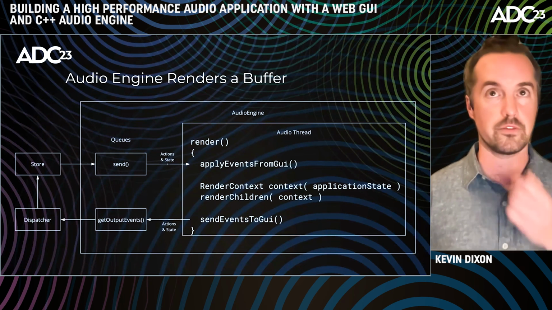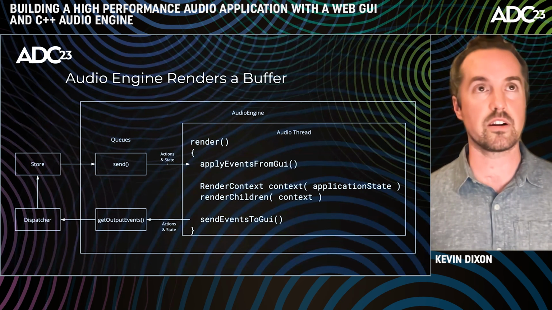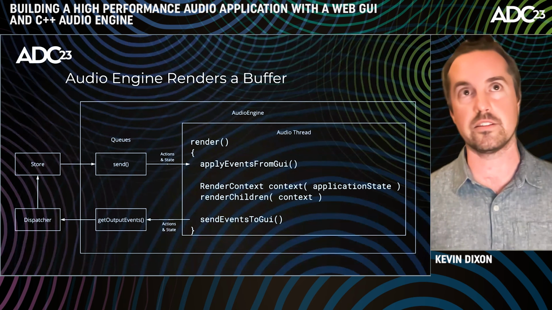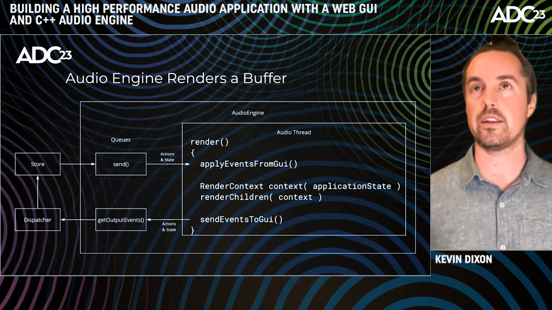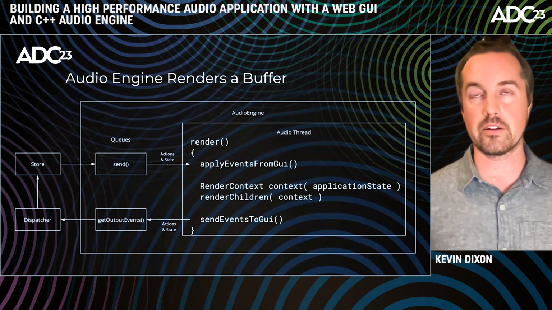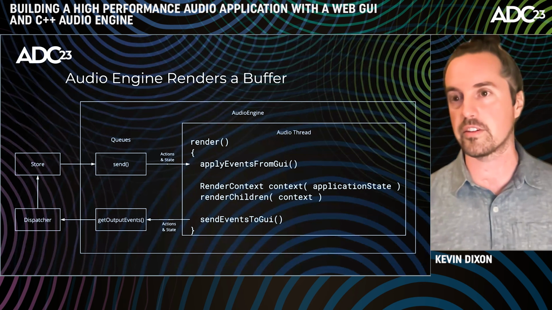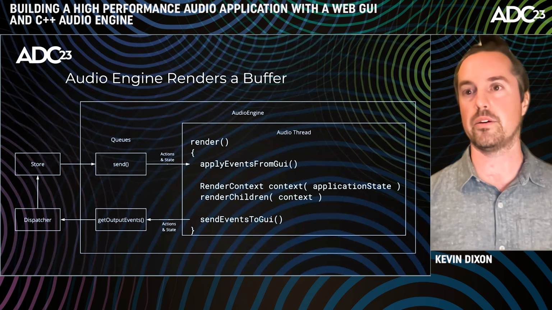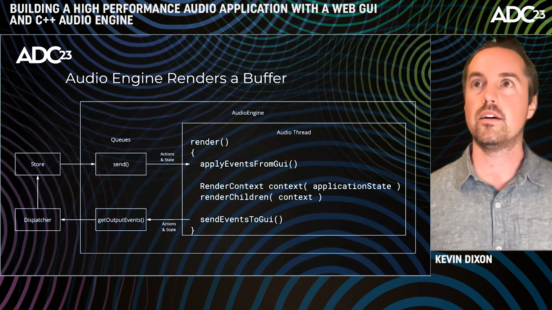Here's how that looks. On the upper left, we start at the store, and the message that we just saw is placed in this outgoing queue to the audio engine. At the top of the render block, we pull in all the events that have come from the GUI since the last tick. So this is probably the latest state, assuming it's changed.